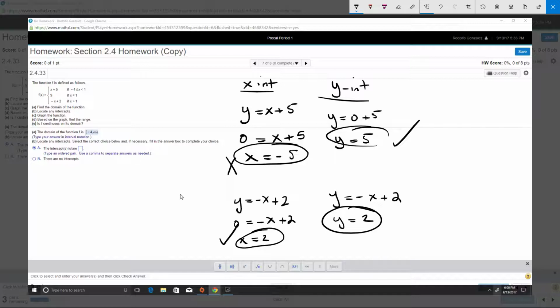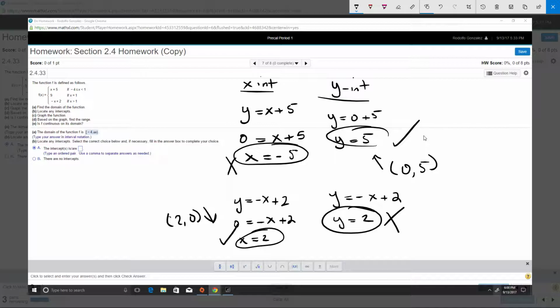Unfortunately, this one is not in our domain, so this one wouldn't be an intercept. So in this case, we find that we only have an intercept at 0, 5 for this one right here, and then this one would be at 2, 0. So we only have one x-intercept and one y-intercept, okay?